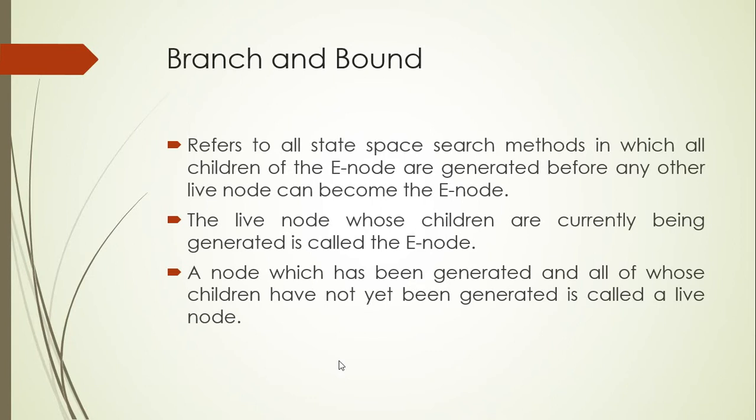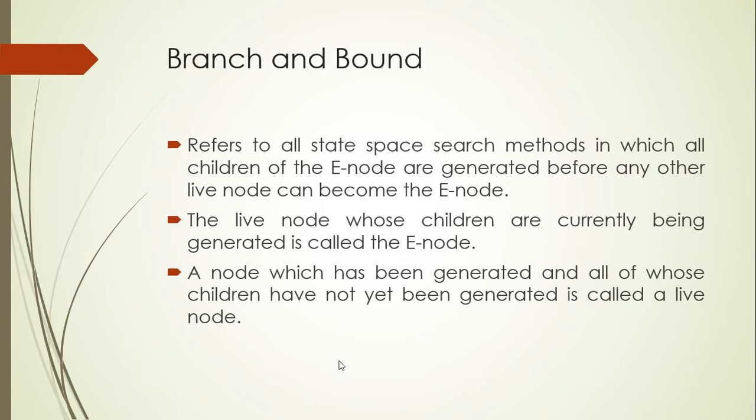To solve this problem, we are using here the branch and bound algorithmic strategy. It refers to all state space search methods. That means we are going to develop here a state space tree in which all children of the E node are generated before any other live node can become the E node.